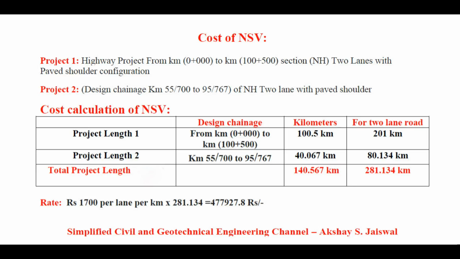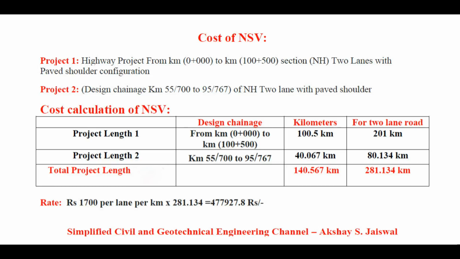As it is given that these projects are of two lanes with paved shoulder, we will multiply the kilometers with 2. For project 1, 100.5 into 2, it will be 201 kilometer. Then for project 2, 40.067 into 2, it will be 80.134 kilometer. Now total project length will be 281.134 kilometer.